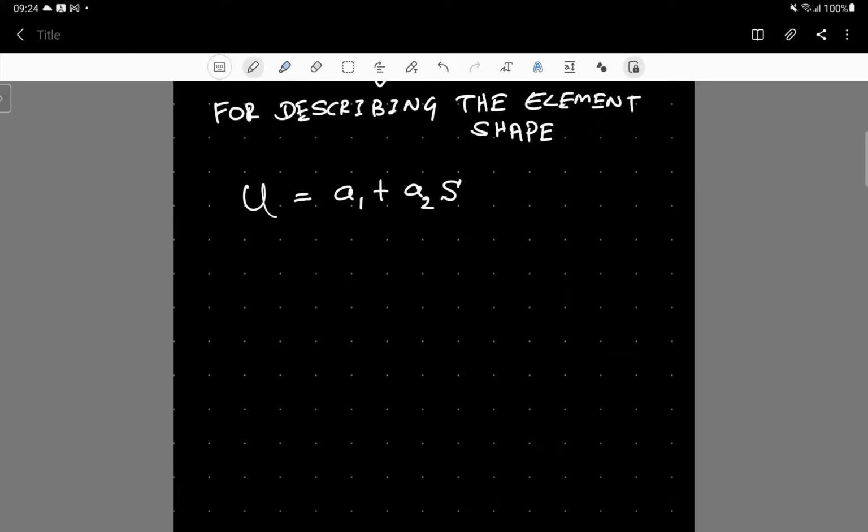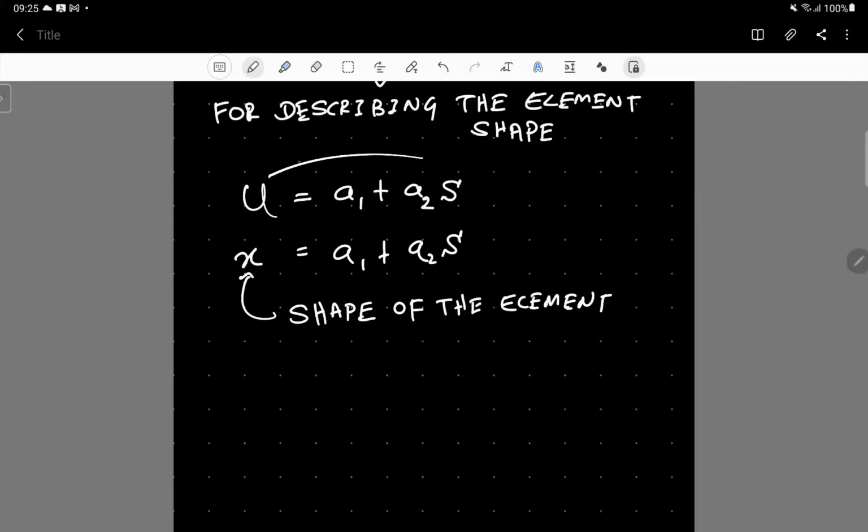So let's say u, we express it as a function of s, and of course we can also use this coordinate system to describe the nodal coordinates, that is, the physical shape of the element.